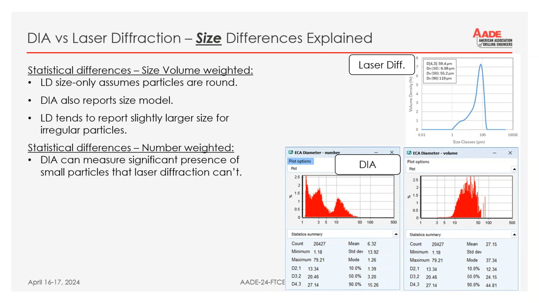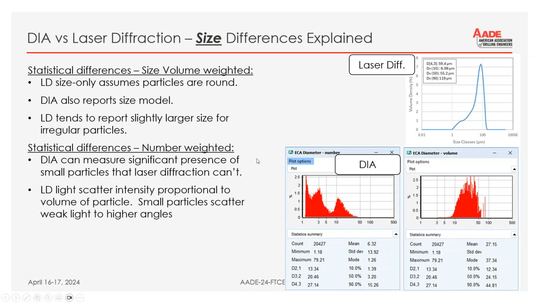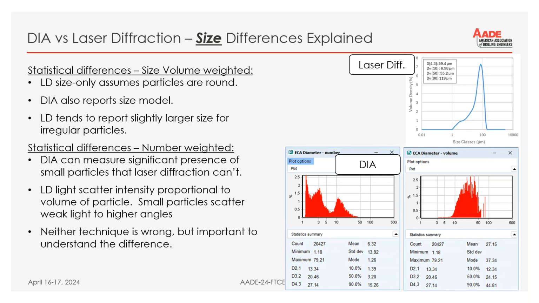A large particle, a basketball, if you will, scatters more forward light than the weaker backscatter light of smaller particles. So the light scatter of the smaller particles will be drowned out by the forward intensity of the larger particles. So neither technique is wrong. They're both right. They're just different, and it's just important to understand why there is a difference.